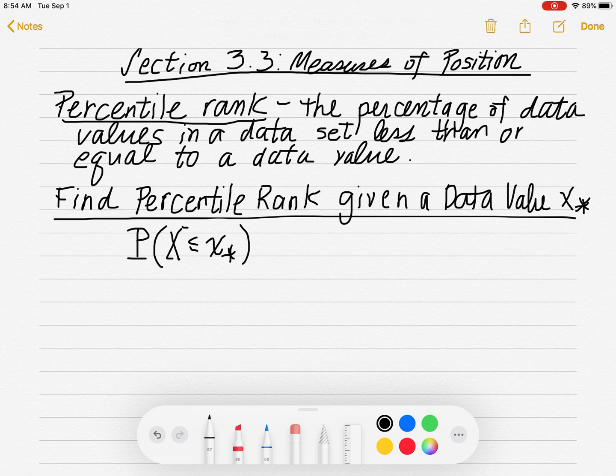So what does this mean here? This is the percentage of X values less than or equal to that individual X value, X star. So X star represents your particular data value that you're interested in, the particular data value that you're comparing all the others to.